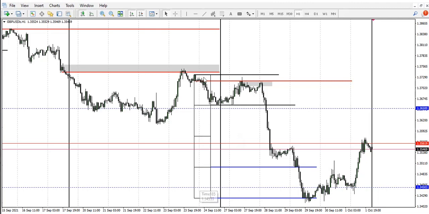So what I did was 1, 2, 3 deviations down got me to this price level, which was 1.342. Then I started matching big figure, mid figure levels. So 1.365 was the closest level to this low.